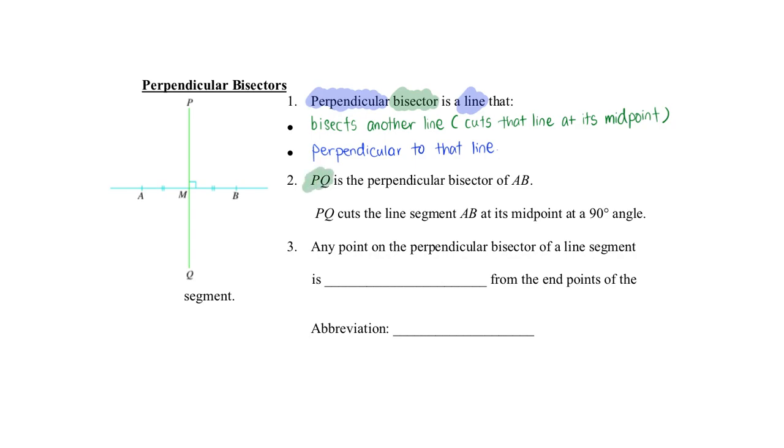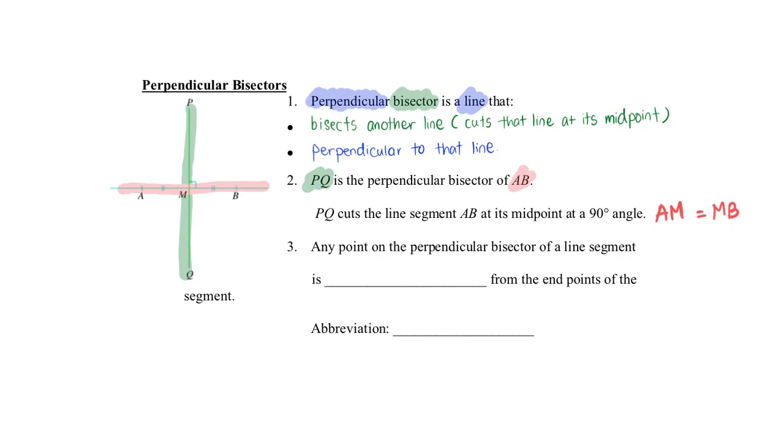We have the line PQ, which is an example of a perpendicular bisector of the other line AB, because it cuts the line segment AB at its midpoint such that AM is equal to MB, two equal parts.